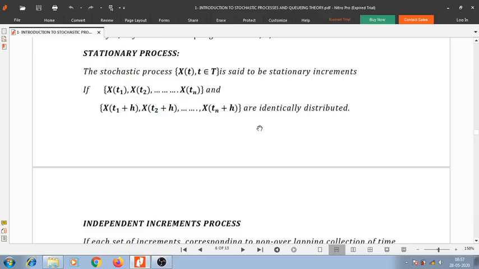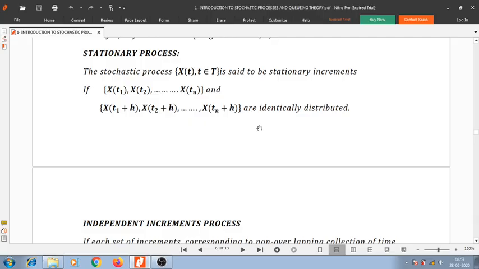Suppose the random variable X1 comes from a population with parameters mu comma sigma square, then the random variable X2 is also coming from the same population with the same parameters.